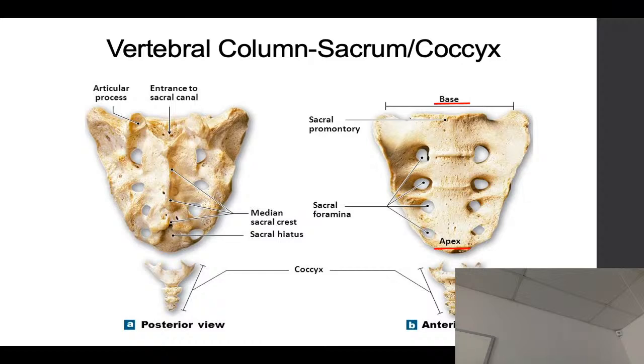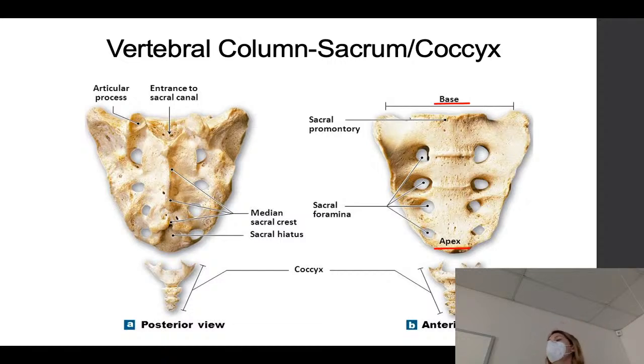You can kind of see maybe where it used to be vertebra. So like maybe these used to be spinous processes. You can kind of see where the distinction would be, especially in the coccyx. You can see how it would be 4, so like 1, 2, 3, 4. But the base of the sacrum is the top flat portion where L5 is going to sit. And the apex is going to be the tip.